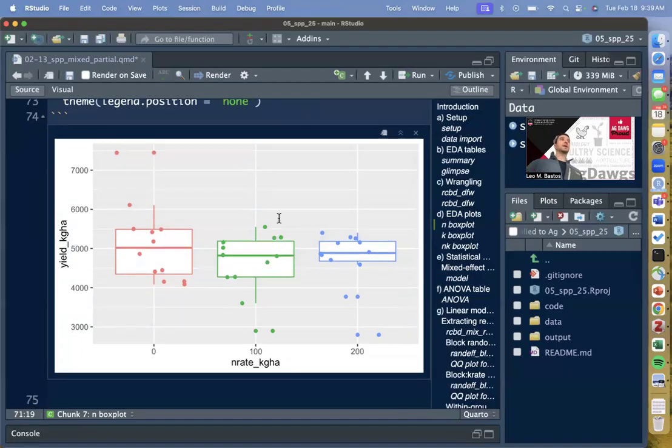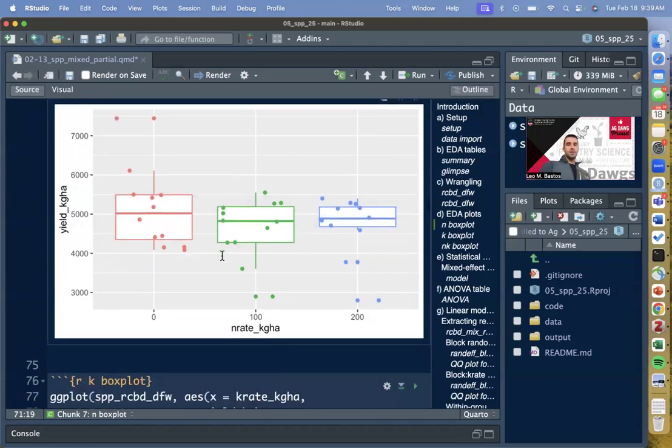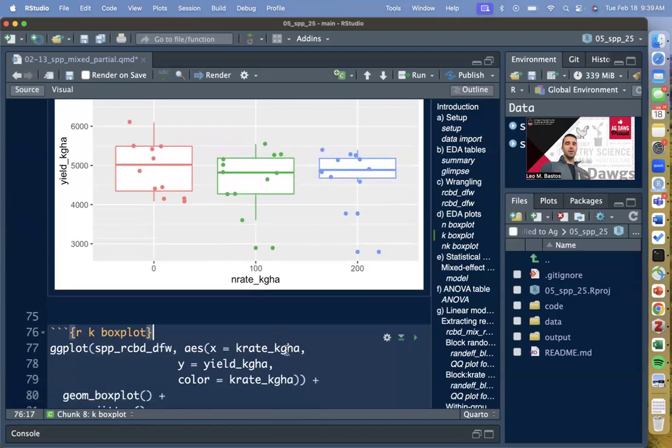In this case, we cannot really say for sure there's no difference, or even if there seemed to be a difference, we wouldn't be able to say for sure there is a difference because we're not using any statistical summary at this point. It's just EDA, raw data being plotted. But just be aware of that.